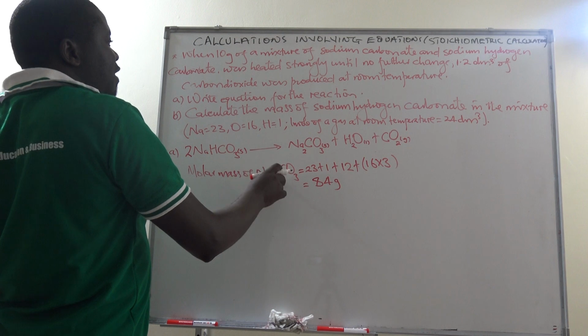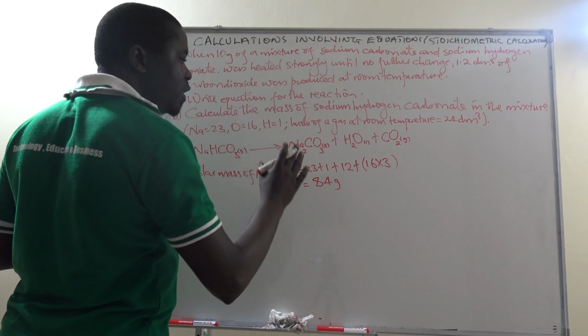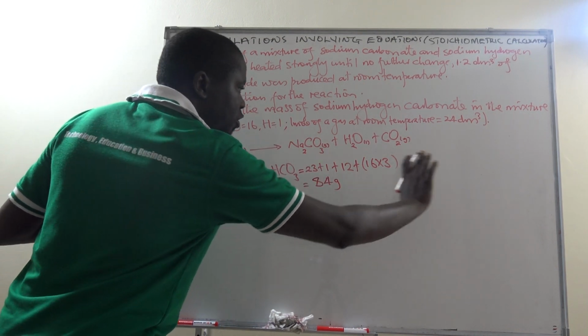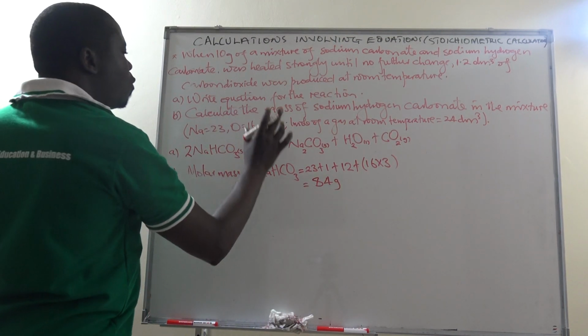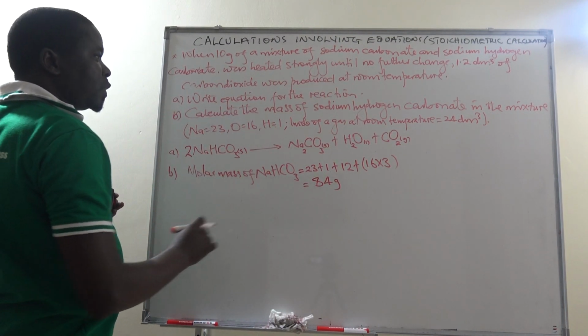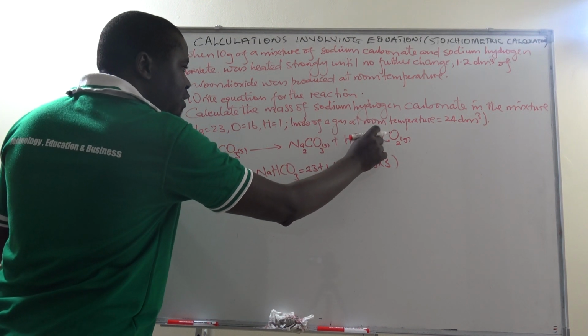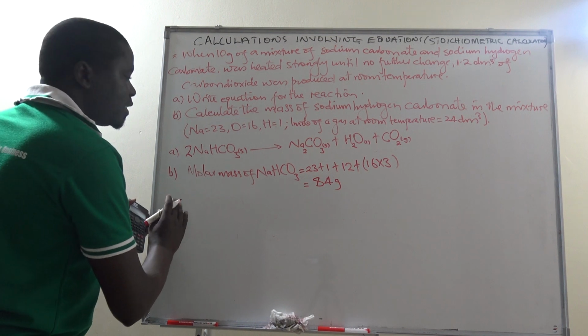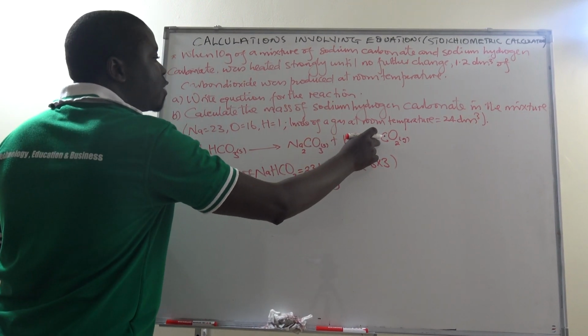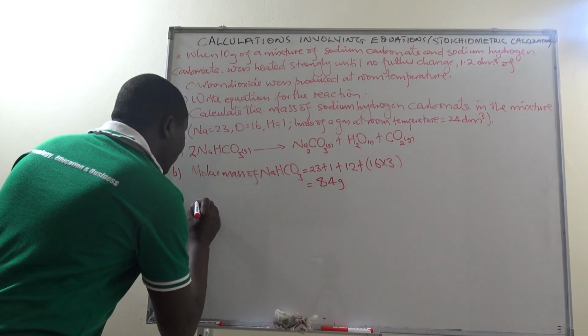So let us now get the mass of sodium hydrogen carbonate that produces 1.2 cubic decimeters of carbon dioxide. We start with what we are seeing from this equation. There is 1 mole of carbon dioxide gas produced, meaning that we shall have carbon dioxide gas on our left hand side, and 1 mole of carbon dioxide at room temperature is 24 cubic decimeters.